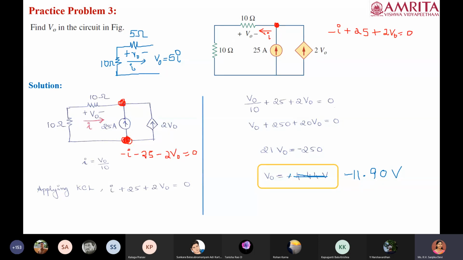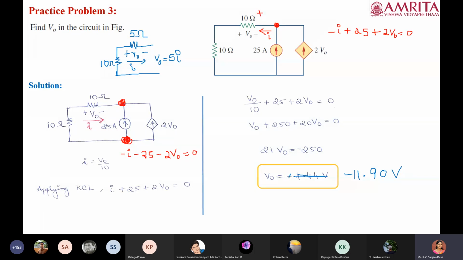As I told you, we do not know in which direction the current is flowing. So let us assume that the current is flowing out of the terminal, and by applying KCL at this particular node, I is flowing out and the remaining two currents are entering. That's fine. Now, what is the relation between V0 and I? When the current is flowing in this direction, since it is a resistor, definitely there will be a voltage drop across it.